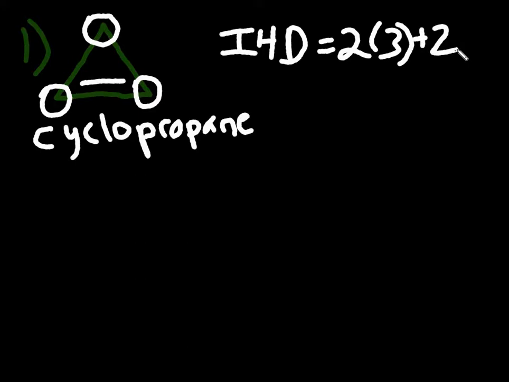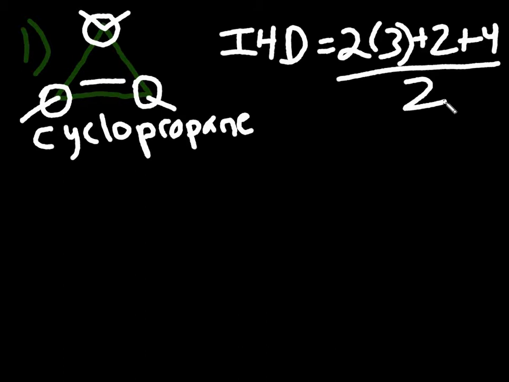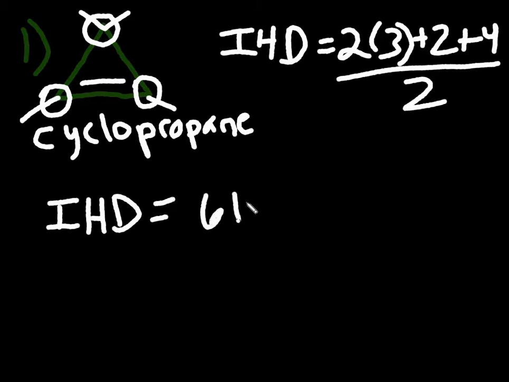Let's see, 1, 2, 3, and 4. So we have plus 4 over 2. So now we have IHD equals 2 times 3 is 6, plus 2 plus 4.